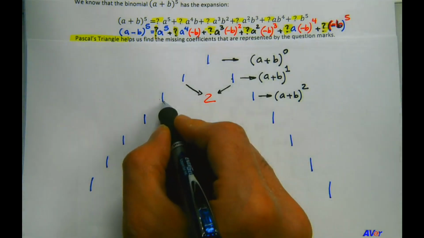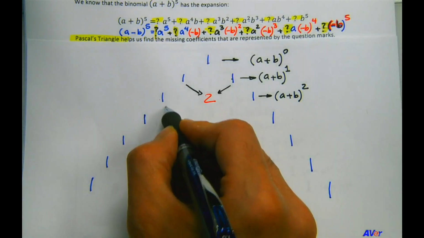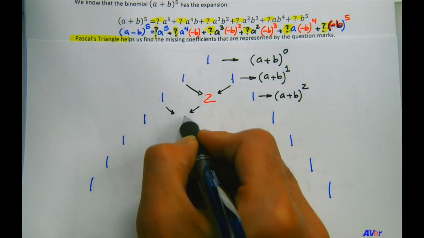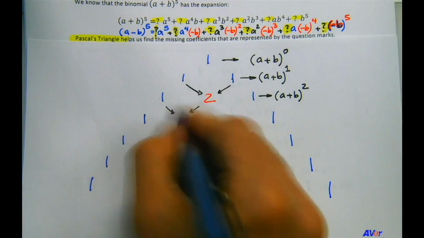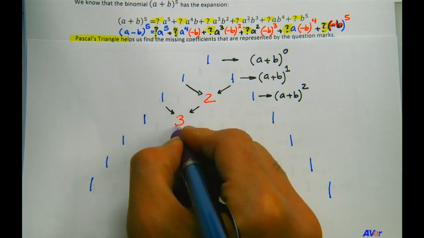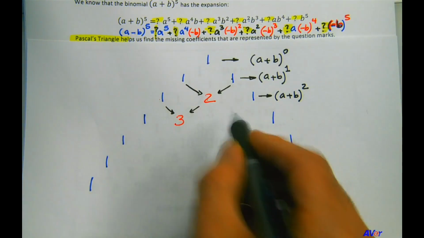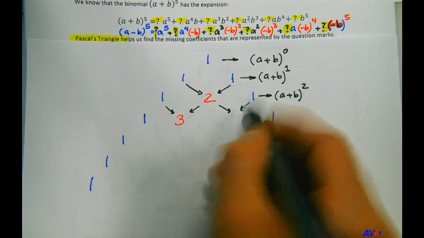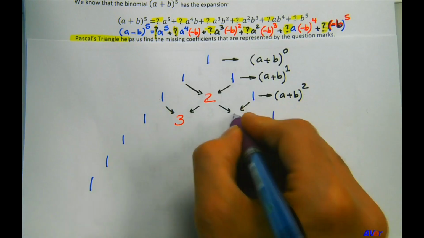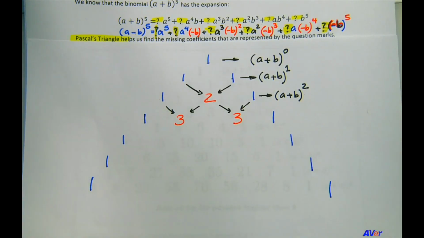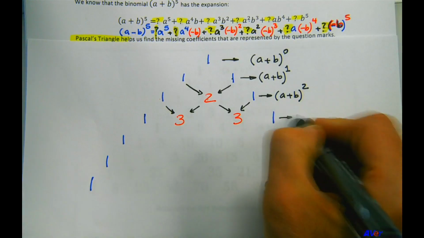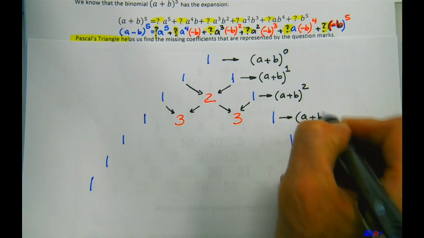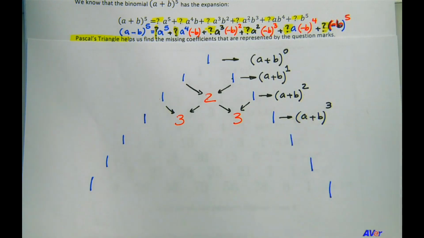Well, add the 1 and 2, what do you get? 3. 1 plus 2, 3. On this side, 2 plus 1, the same thing, 3. So these become the coefficients of the expansion of a plus b to the 3rd power.